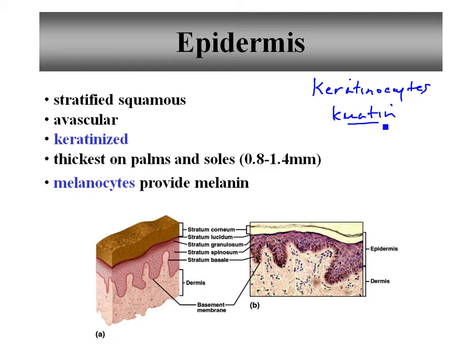It also contains a cell called the melanocyte, and these melanocytes produce melanin, and melanin is a pigment which actually gives skin its color. It protects the skin from the harmful UV rays from the sun, and when it makes this melanin, it sends the melanin out to the other cells like the keratinocytes that are surrounding it.